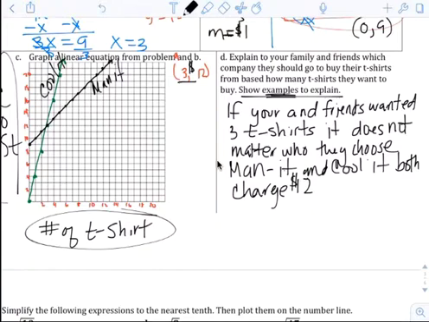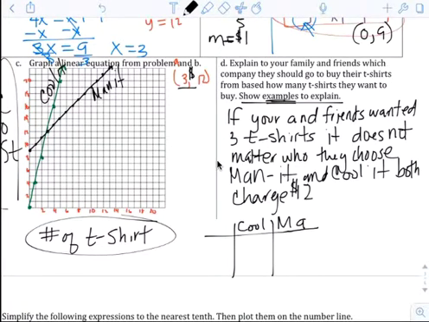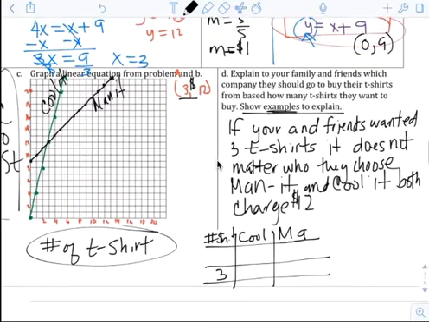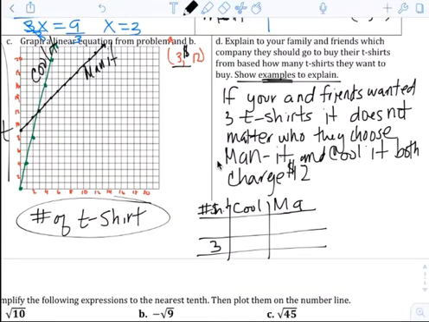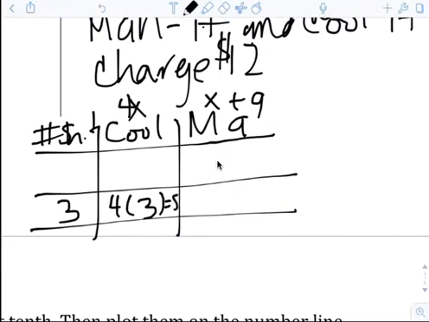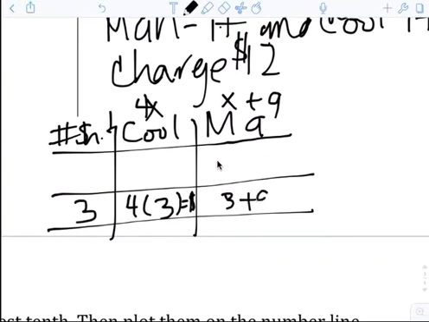If you make a table, Cool and Man, and this is the number of shirts. For three t-shirts, Cool is 4x, Man is x plus 9. 4 times 3 is $12, or 3 plus 9 is also $12. So notice they charge the same at 3 t-shirts.